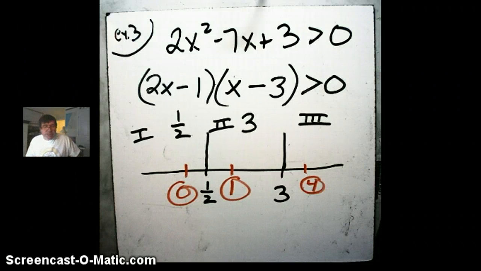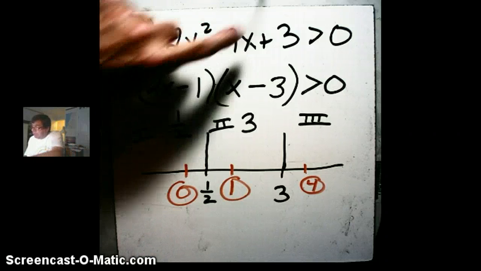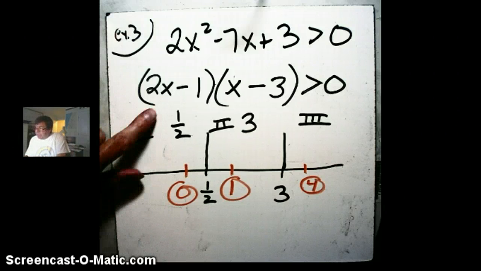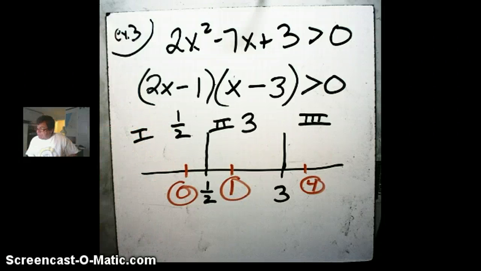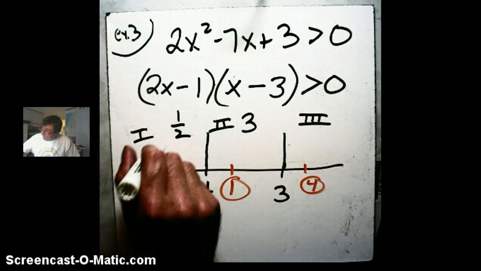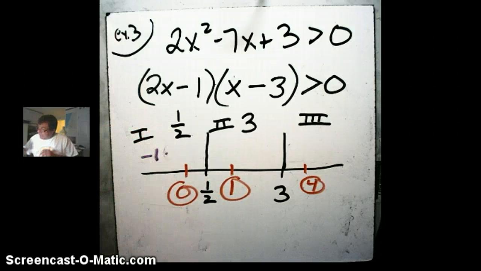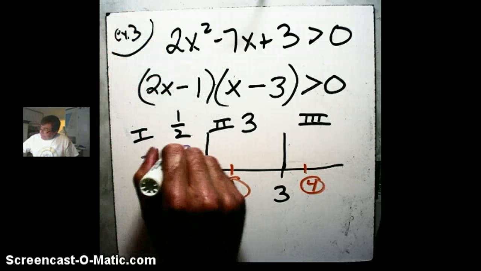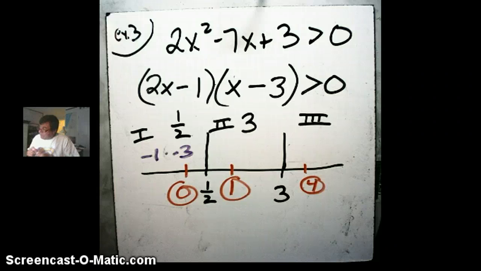Now, how do I use these test values? Well, what I do is I put that value, I could put it in my original equation, but I'm going to put it over here. When I put 0 in for here, I get 0 minus 1, which is -1, times, I put 0 in for here, I get -3. Now, what is -1 times -3?